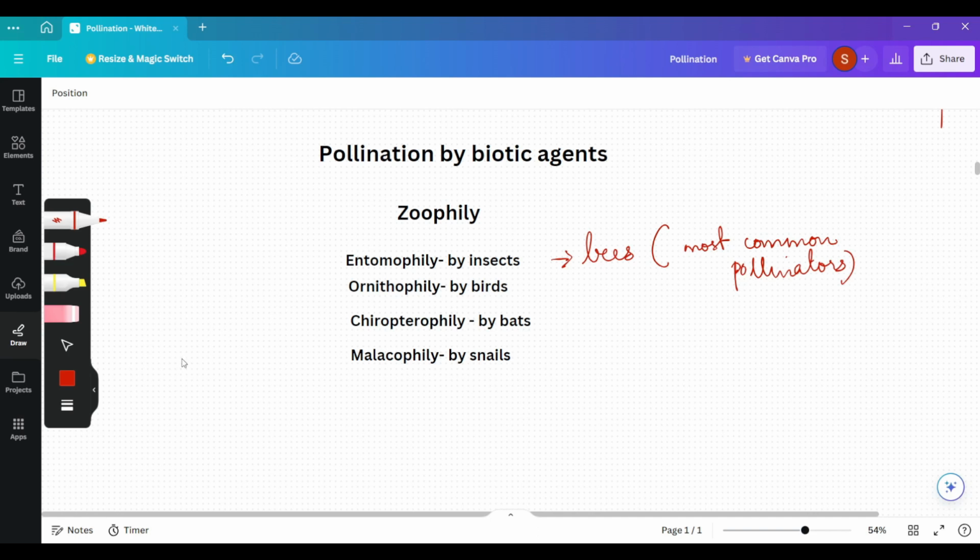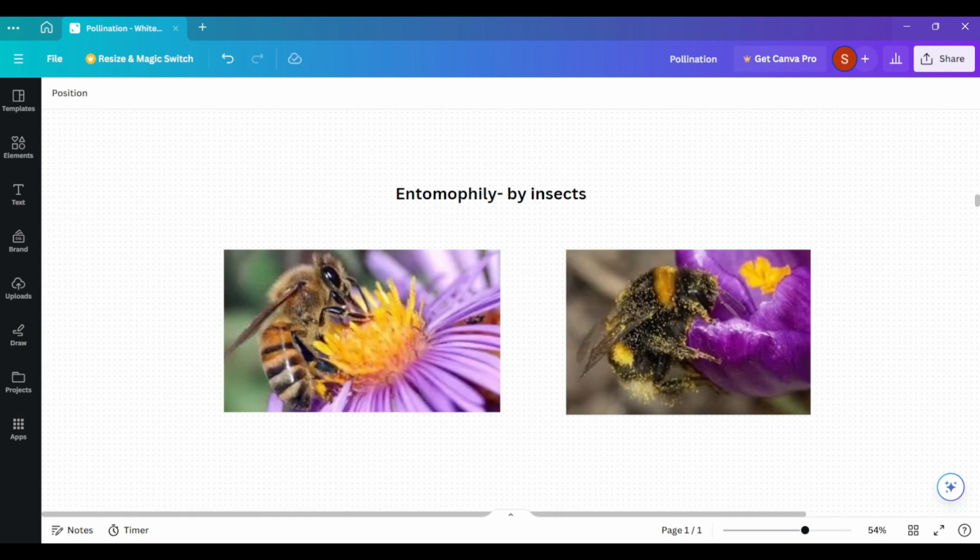If the flowers are small, then those flowers together form an inflorescence, so that they look conspicuous or big. So a group of small flowers, called an inflorescence, appears to be a big one. Bees or other insects are attracted to these flowers by their conspicuous size, their colors, fragrance, or sometimes even nectar.